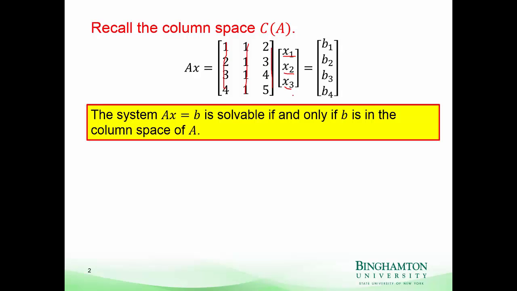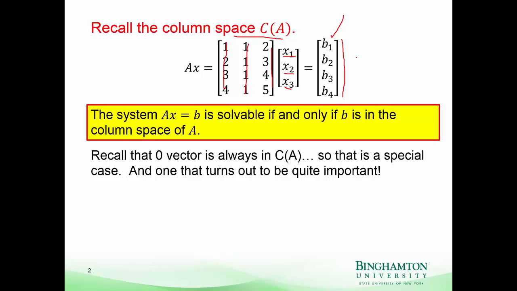Those 3 weighted vectors all add together to give us the B vector. So that's a linear combination. And since the column space holds all linear combinations, if B is not in the column space, there's no way to choose the x's to build the B vector. So that's a very important thing.